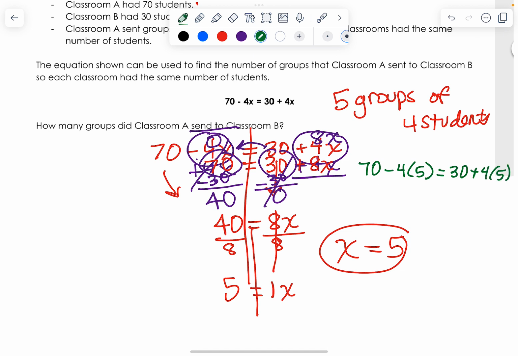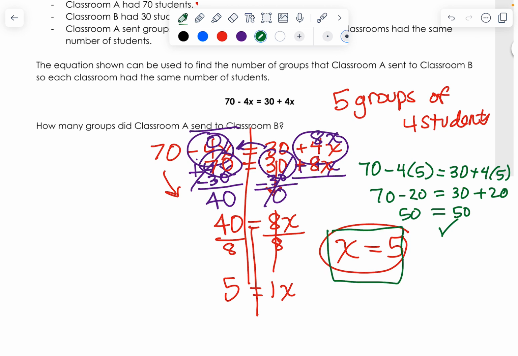Well, I know that 4 times 5 is 20, so that would be 70 minus 20, and 30 plus 20. 70 minus 20 would be 50. 30 plus 20 would be 50. We checked our work. We know that x is for sure equal to 5.